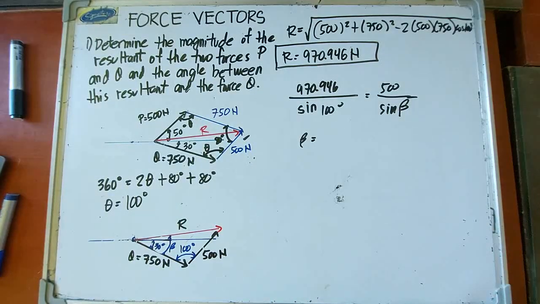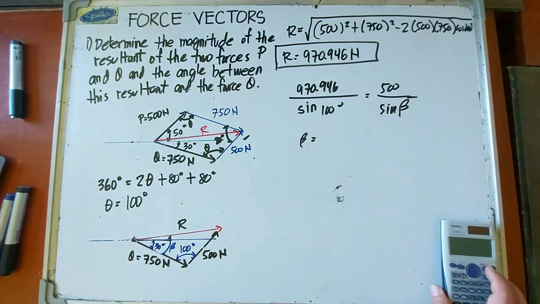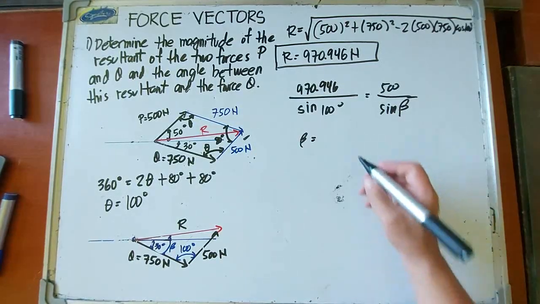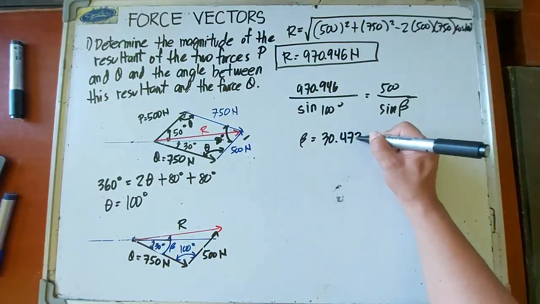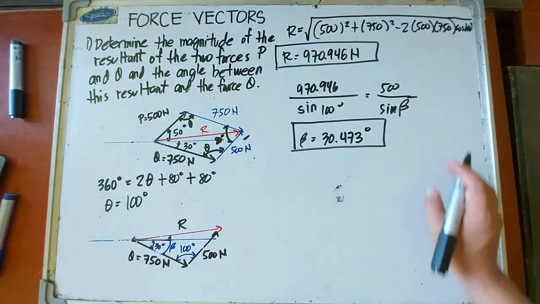Ang sinolve kasi ng module natin is angle of the resultant relative to the x-axis, but the problem is telling us to solve the angle between the resultant and the force Q, so which is beta in this particular problem. Okay, so let's solve for the angle beta. That is equal to 30.473 degrees.